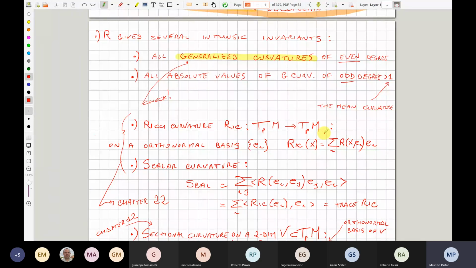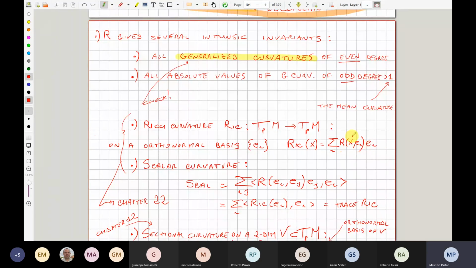The Ricci curvature is a lower degree curvature, in terms of rank of the tensor. The Ricci curvature is a tensor of type 2 because you are taking the Riemann curvature and putting vectors in 2 of the 4 slots, in the second and the third.